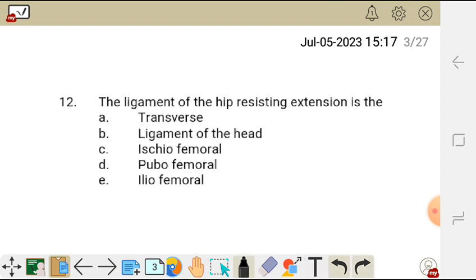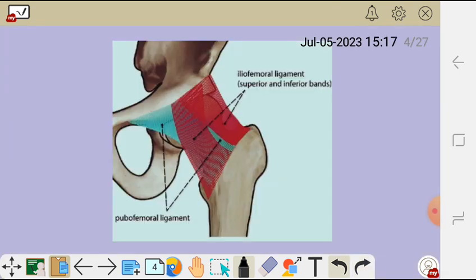Okay, so among these choices which have been given here, which one is the ligament which resists extension? So let's look at this diagram here. So we have two ligaments here. We have the iliofemoral ligament, okay, and then we also have the pubofemoral ligament.